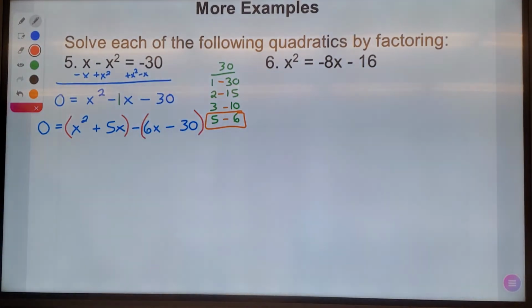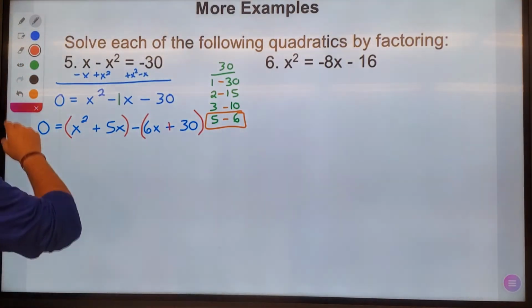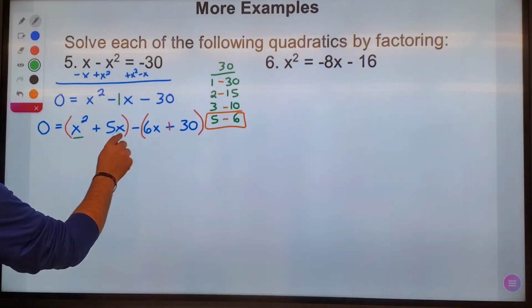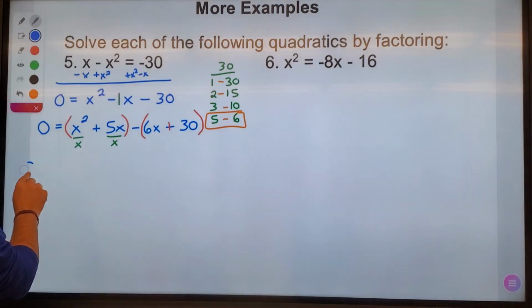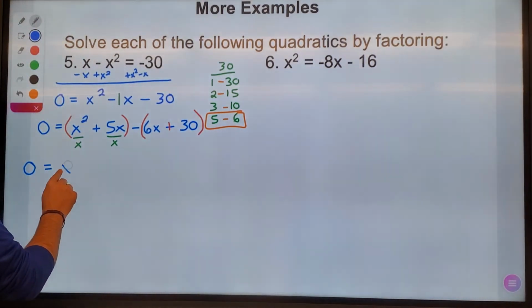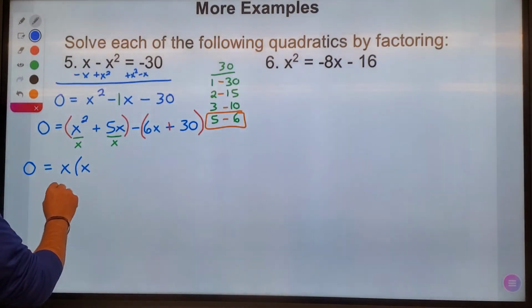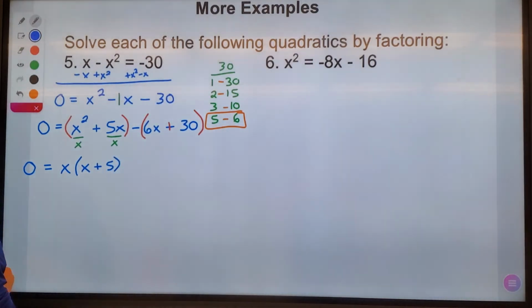Here, let's go ahead and hit this before I forget again. Since the sign in the middle is a minus, I need to change this sign as well, so this becomes now plus. Looking at each set individually, these I have an x in common. So that gives me 0 equals x times x squared divided by x again is x. 5x divided by x is just 5, so plus 5.